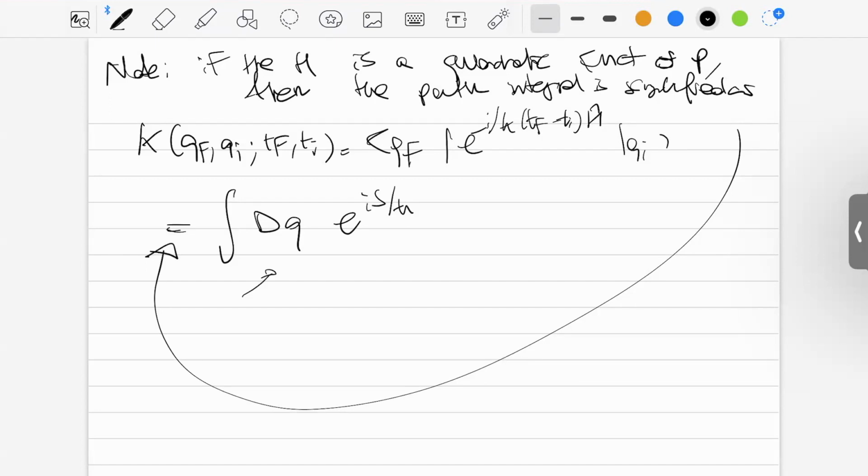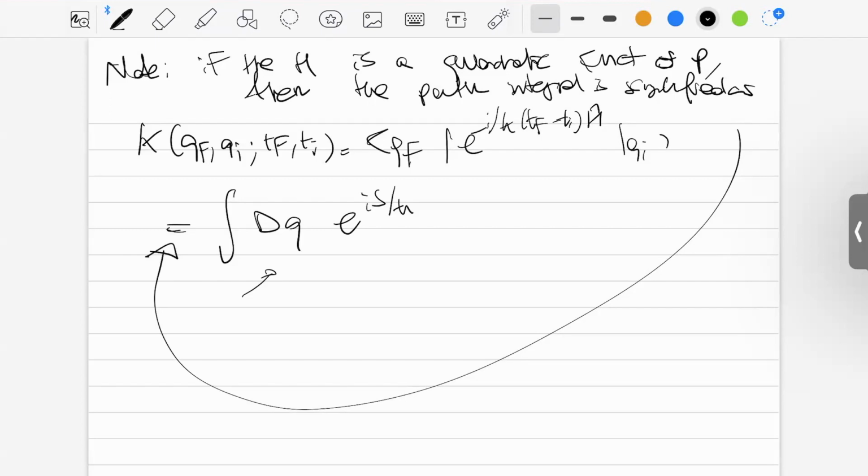I can give you some books later. If the Hamiltonian is quadratic in the momentum, like p squared divided by 2m, as usual for the free particle, then the path integral is just an integral over q and not over p.